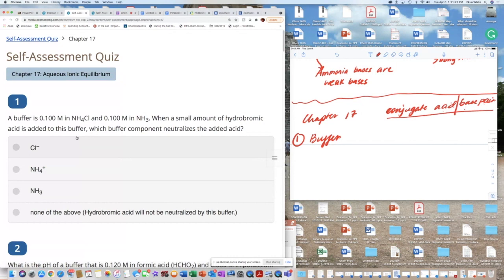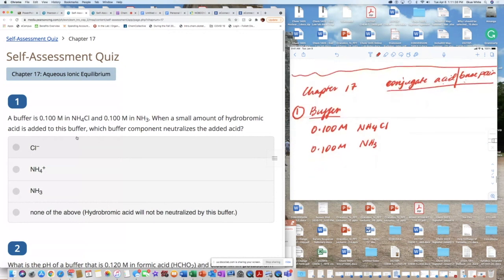So when I'm looking at this question, if the word buffer was missing, I would see 0.100 molar NH4Cl and 0.100 molar NH3. I have to recognize these as a conjugate acid-base pair. How do I do that? First, I need to recognize this is a salt that breaks apart to form NH4 plus and Cl minus.